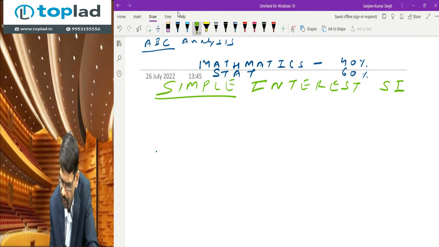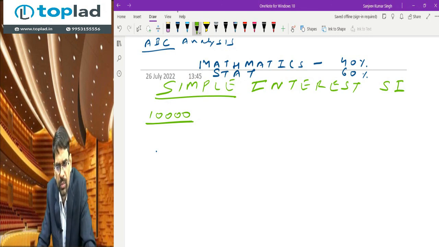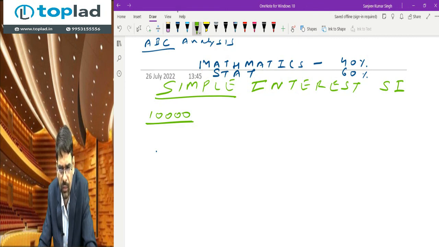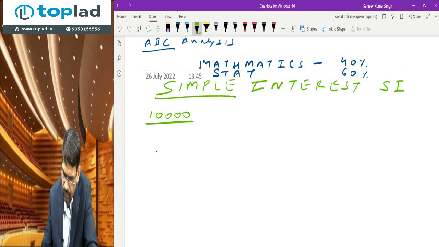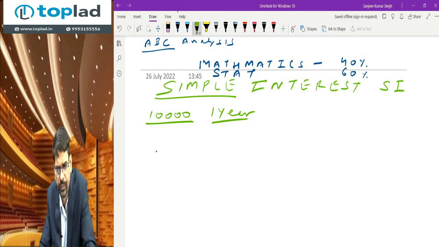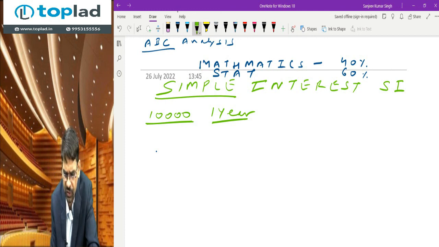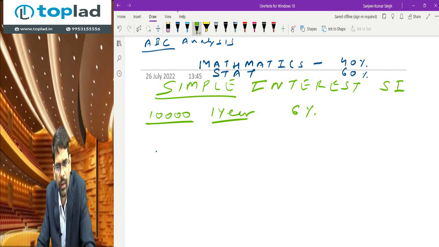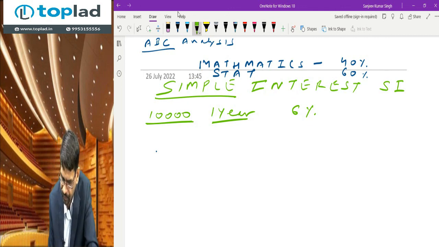Let's say, for the sake of example, 10,000 money you invested for the CMA foundation level, for 1 year, and assume an interest rate of 6%.